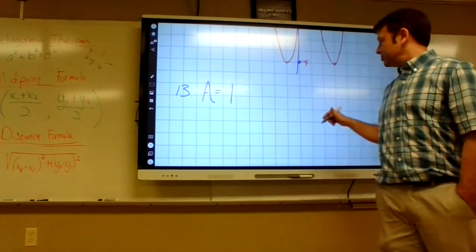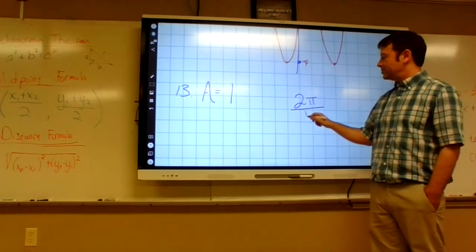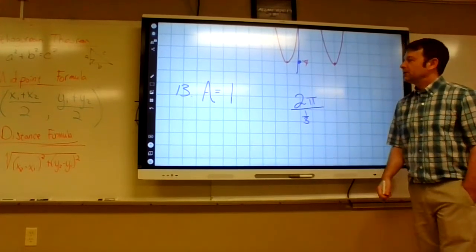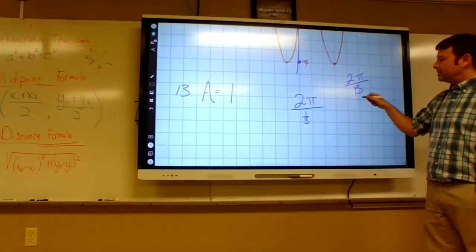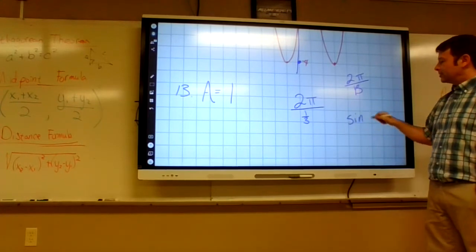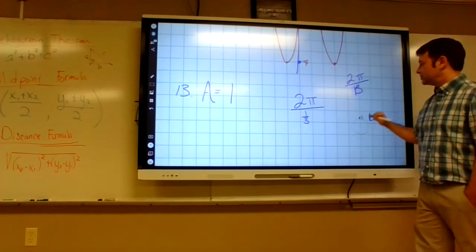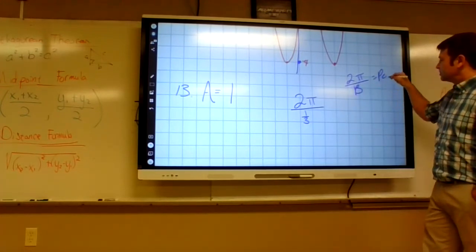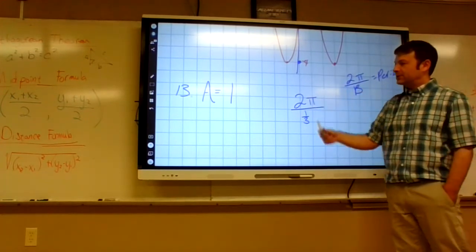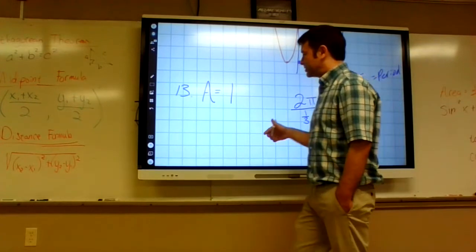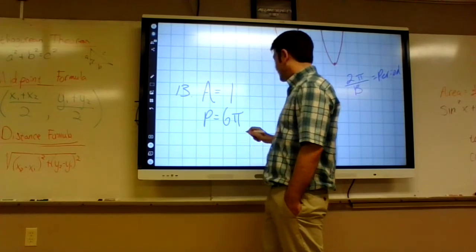Okay, so the period is normally 2 pi, but since they put a number in front of the x, it's going to be 2 pi divided by 1/3. So you can think of it as a little formula, 2 pi divided by b, where b is the number in front of the angle. That gives you the period. I don't know if it's big enough to be worthy of a formula, but yeah, it's 6 pi. If you divide by 1/3, that's like multiplying by 3 over 1. So it is 6 pi.